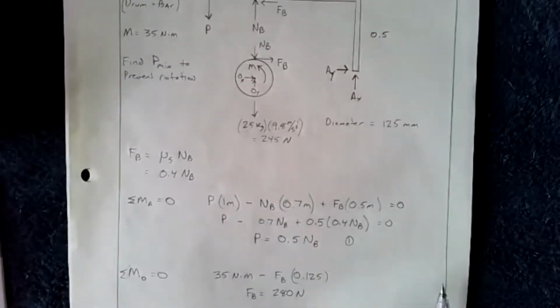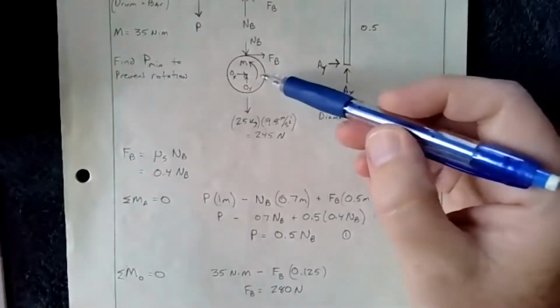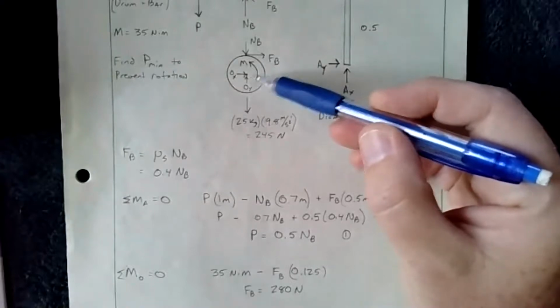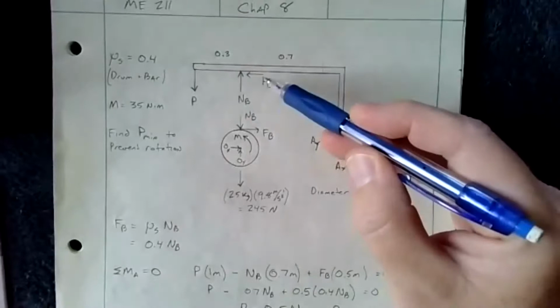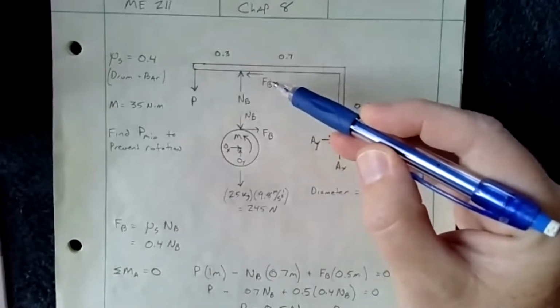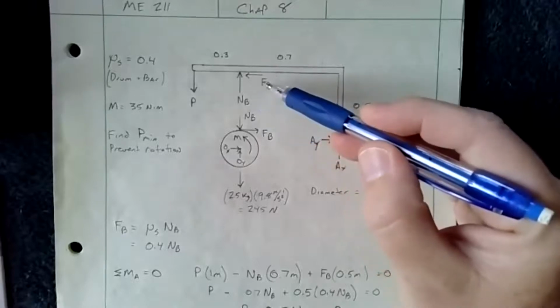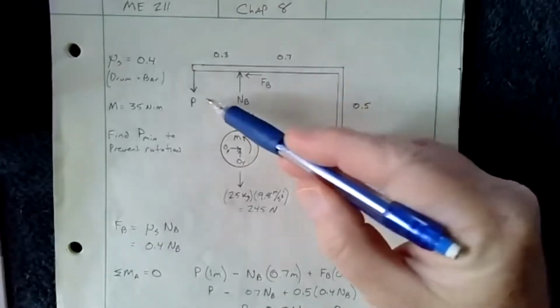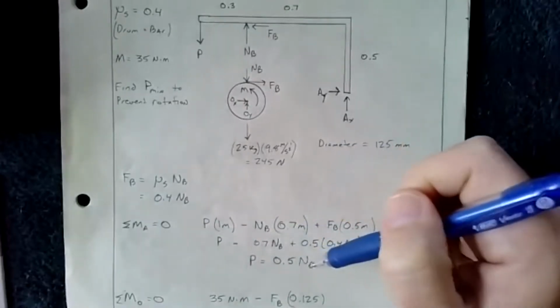So then, this is something where experience and practice will show you, but in order to do this moment up here, we need to know this force B, right? Because if we know this, then we can solve for P. So we've already established what P is in terms of NB.